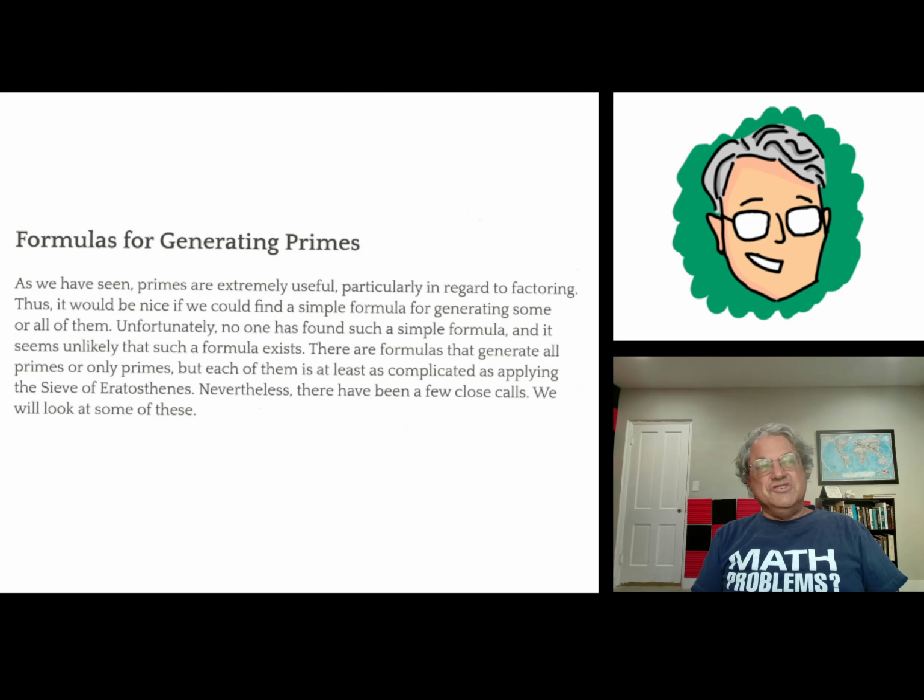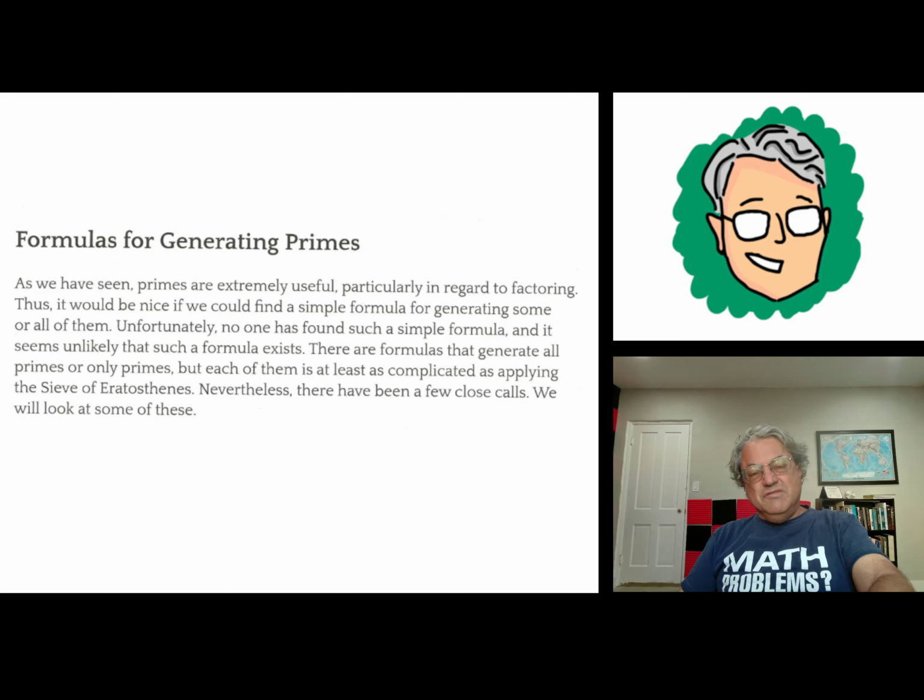They're pretty clever functions. I think somebody discovered a function of 26 variables, and every time you put a positive integer in for any one of those variables, you always get a prime. But it's not a useful formula because it's too complicated to use.